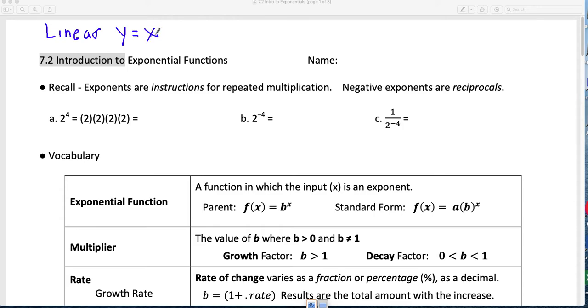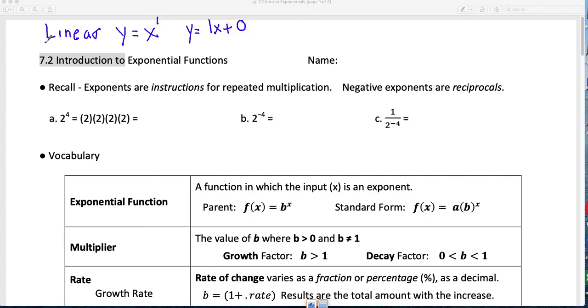And there's only one thing that will tell me it's linear: the highest exponent of the x term is a 1. If I took this to slope-intercept form, it would be y equals a slope of 1, x, plus a y-intercept that is the origin, 0, 0.